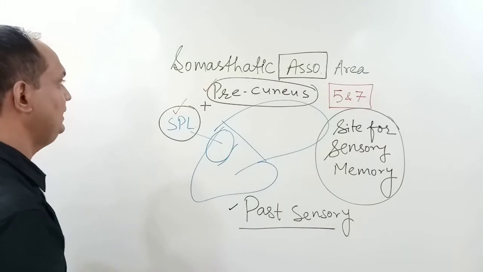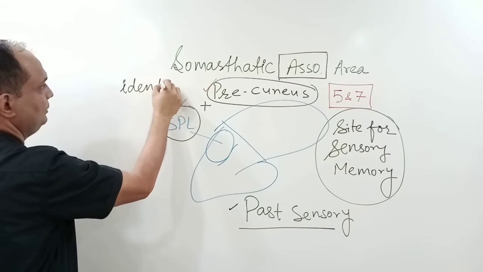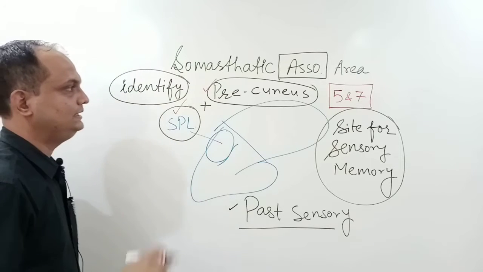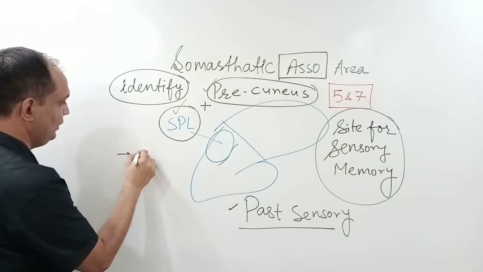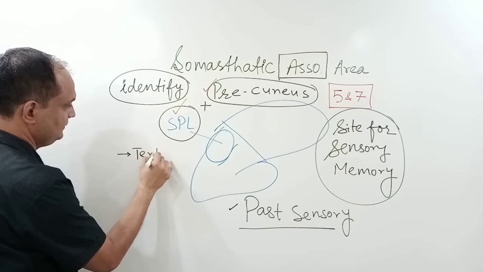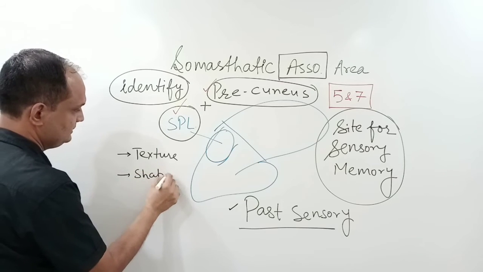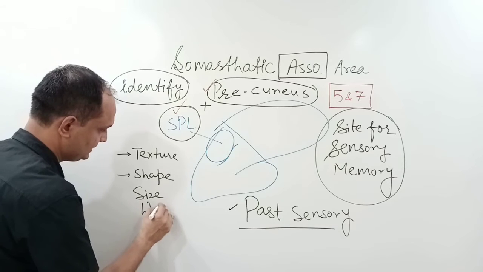Plus, because of the past sensory memory we are able to identify objects, because this area is the site for texture, shape, and size. You can judge the weight of an object.